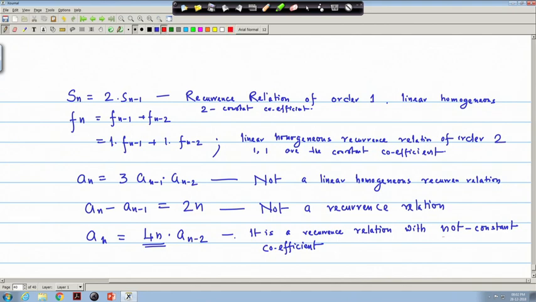So, now it is clear what we understand by a linear homogeneous equation with constant coefficients.